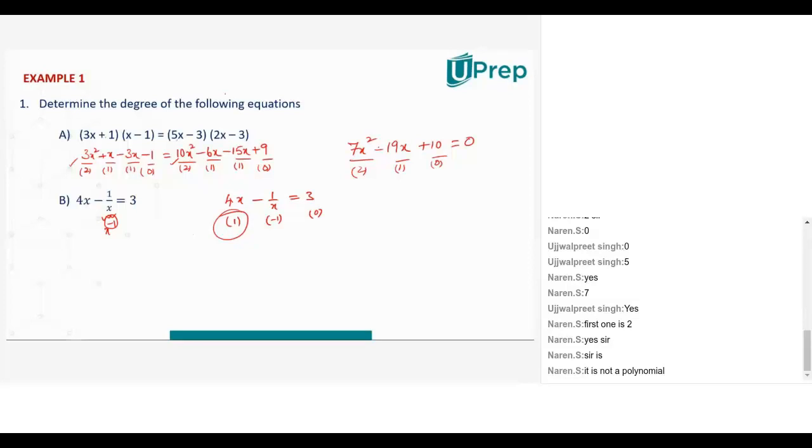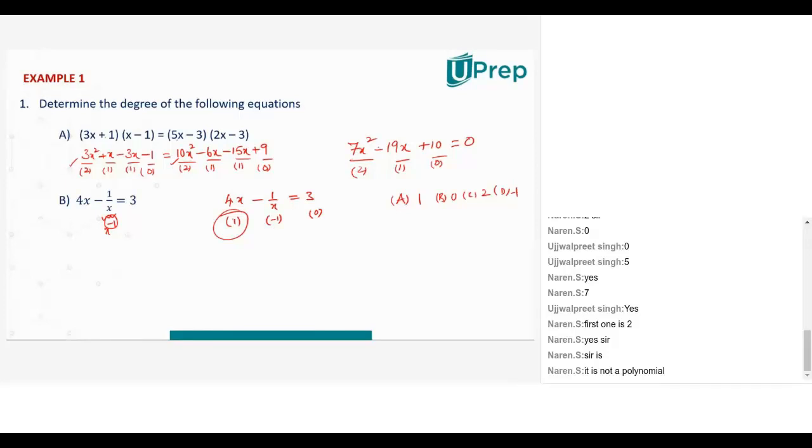If I don't distinguish between an expression and a polynomial, simply calculate all the powers of the terms, whichever is the highest, that is the degree. Now by that definition, the answer should be 1, which is obviously present at A.